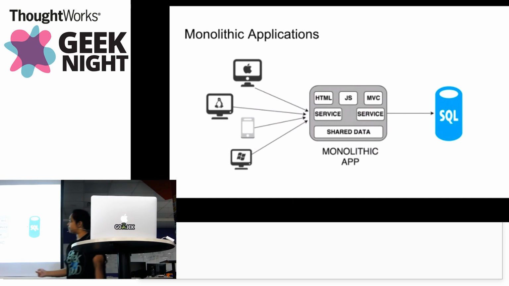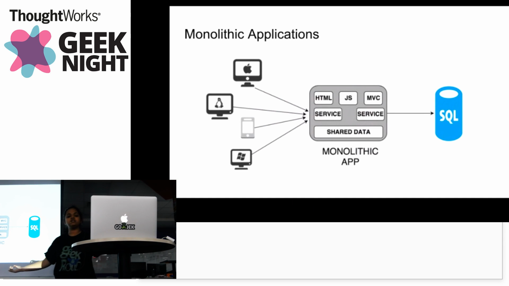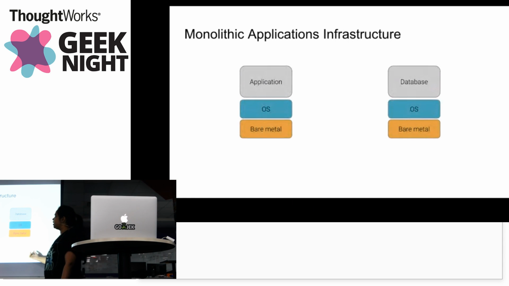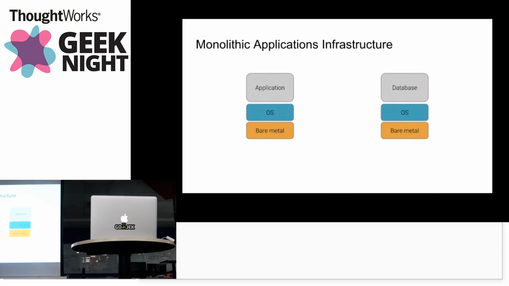If I'm supposed to deploy a monolithic application, it may look like this, where my entire application is in one server, and I have one data center hosting my data.